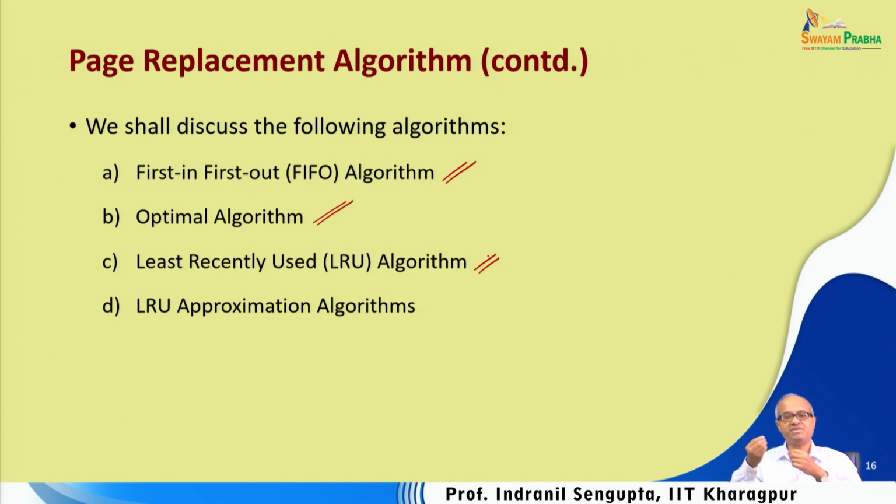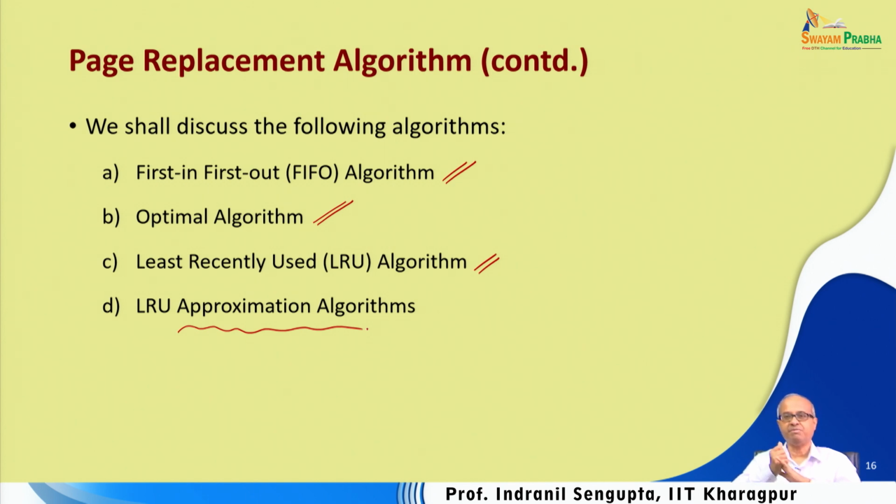So, the page which was accessed most recently will be the page that will again be used in the near future. Okay. So, you can say LRU is an approximation of the optimal algorithm. And this LRU, if we try to implement as it is, there will be a lot of overheads coming in. So, there are some approximations also. We shall be looking at some of the simple ways in which you can implement LRU or something similar to LRU.